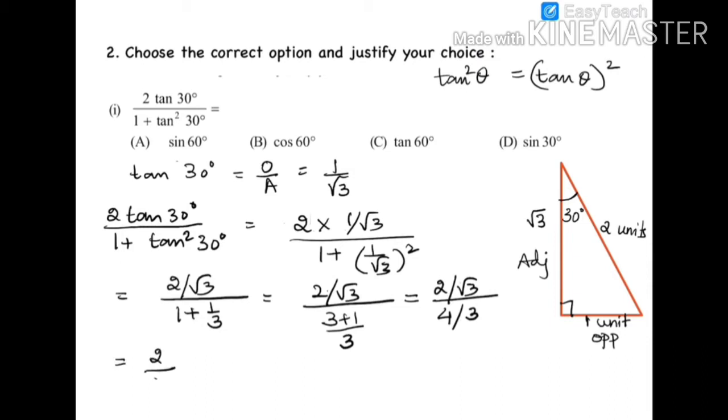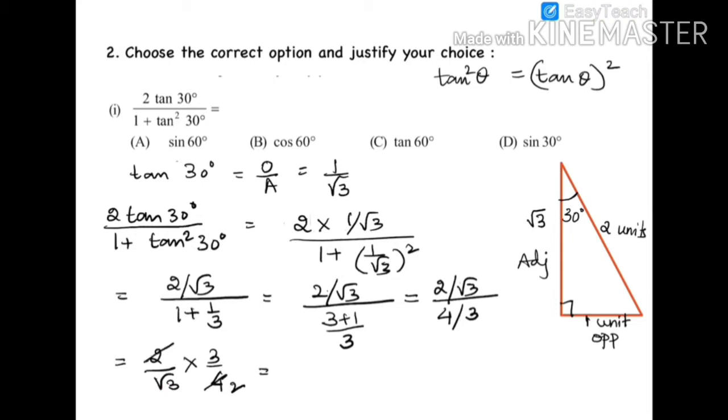So this is 2 upon root 3 into 3 upon 4. Now remember, whenever we divide two fractions, to simplify further, we multiply the reciprocal of denominator to the numerator. And that is what we have done over here.